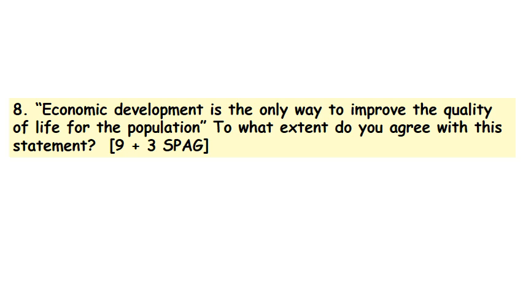Again, question 8 is a longer mark question, this time worth 9 marks plus 3 additional marks for SPAG. At this point again, we will be decoding the question and adding annotations to our answers if you haven't already done so. Question 8 reads, economic development is the only way to improve the quality of life for the population. To what extent do you agree with this statement?